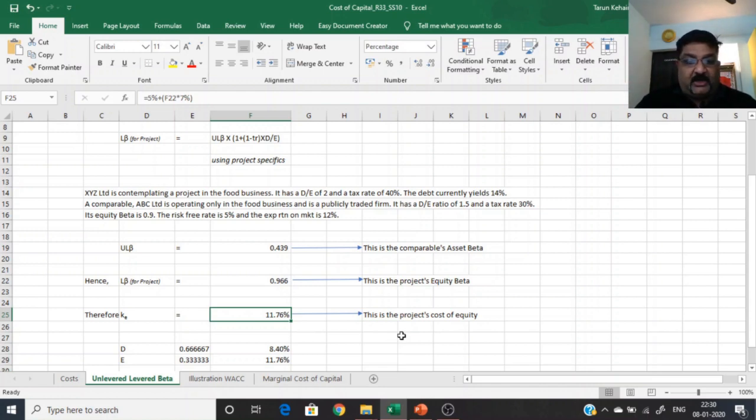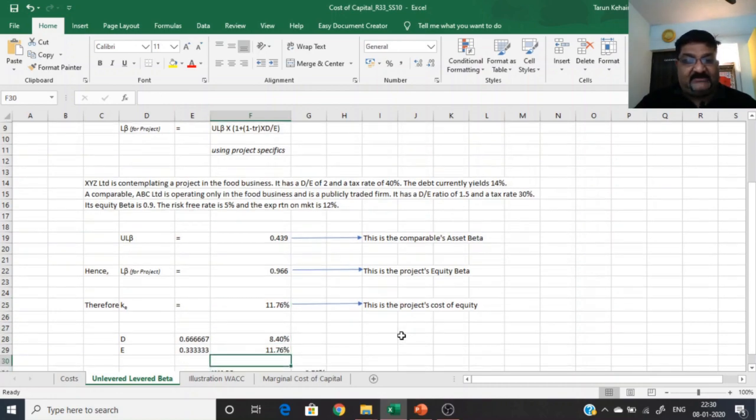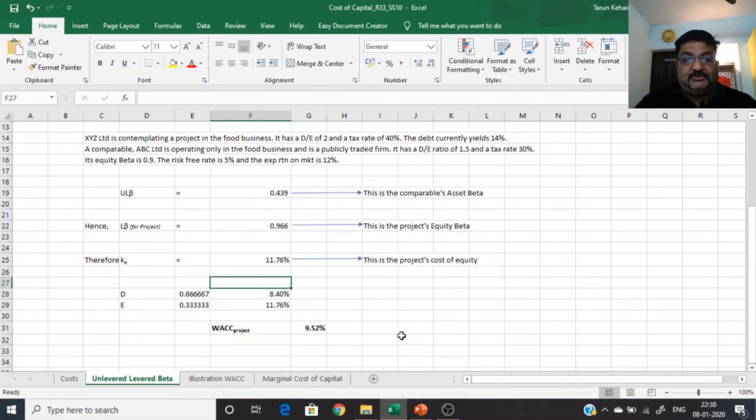All we need to do now is to find out the weighted average cost of capital of the project. Now you know that for the project we have kept the debt equity ratio to be 2, which means the proportion of debt is 2/3 and the proportion of equity is 1/3, or 0.667 for debt and 0.333 for equity.